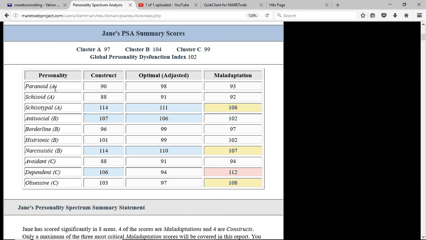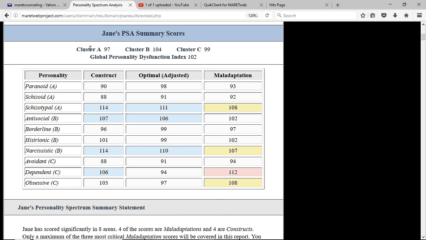A cluster is indicated by A, B, C. Cluster A, cluster B, cluster C. When somebody's over 120 and the average is over 110, you're going to get a cluster score up here.